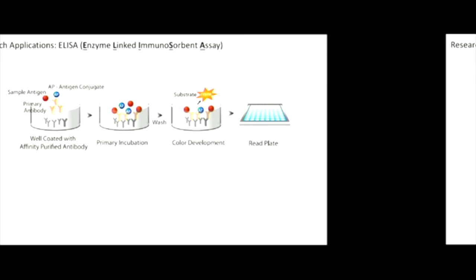So ELISAs are used a lot for diagnostic tests, but we also use them in the lab. I was using them to determine concentrations of specific proteins in response to some stressor, because you can quantify based on how much you have in your wells.